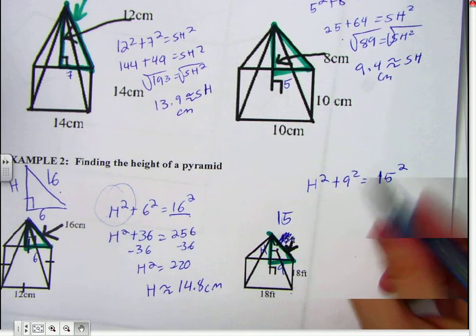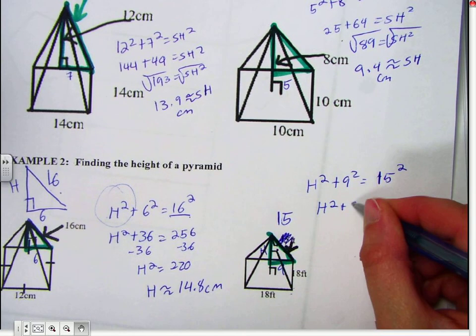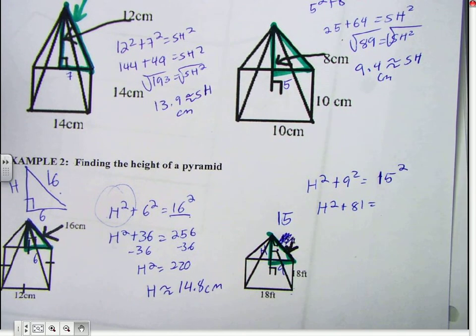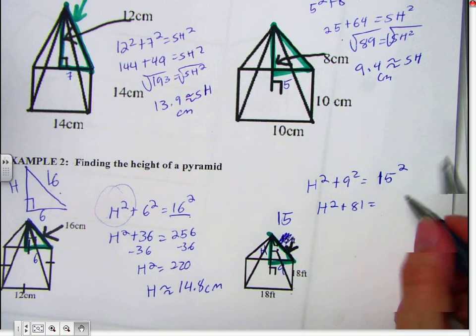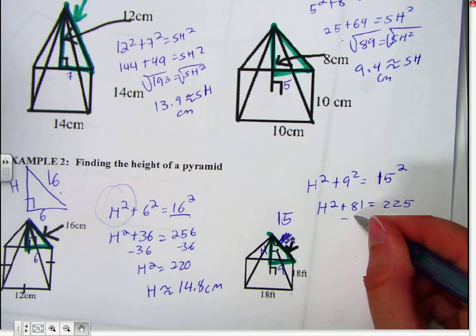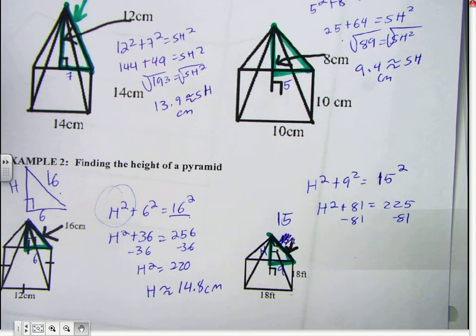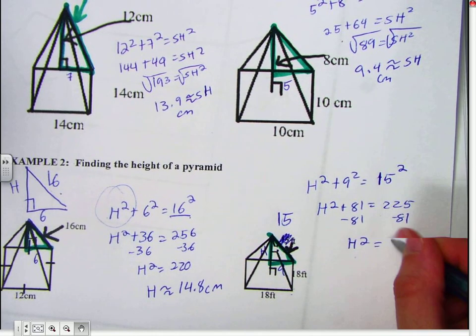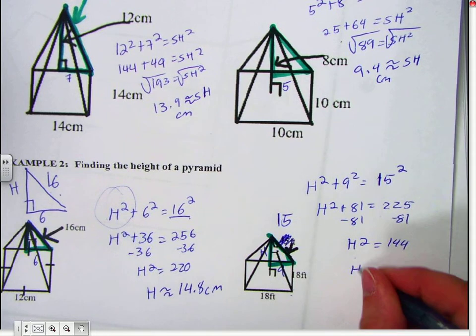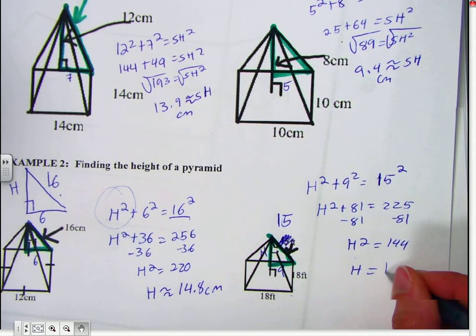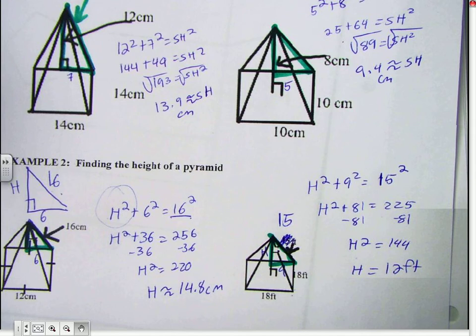I know it's going to be h squared plus 81 equals 225. Then I'm going to subtract 81 from both sides. So h squared equals 144. What does h equal? 12. 12 feet is the height.